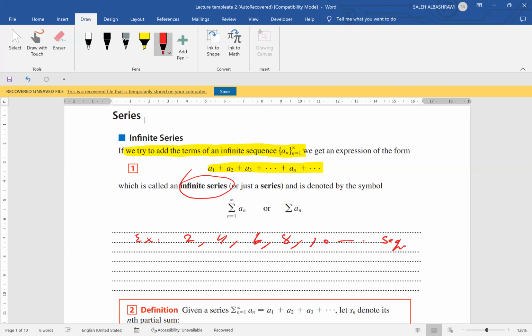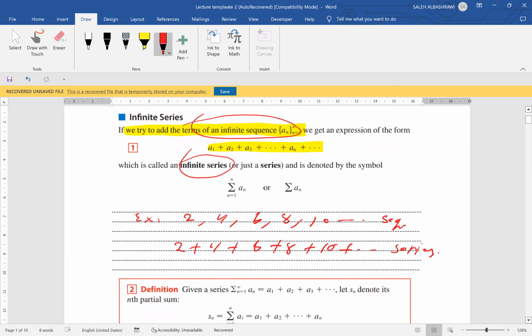And if we add these terms, 2 plus 4 plus 6 plus 8 plus 10 plus, we call this a series. So the series is just the sum of the terms of the infinite sequence.